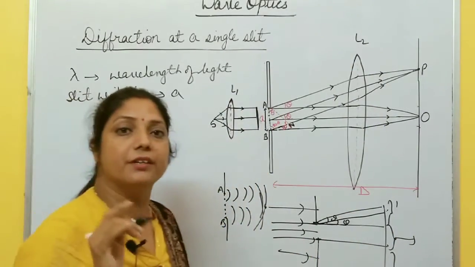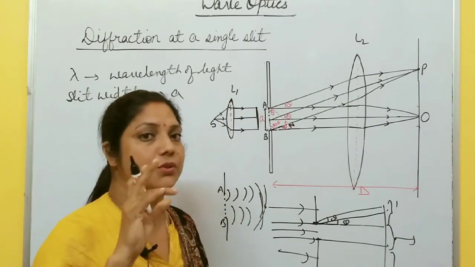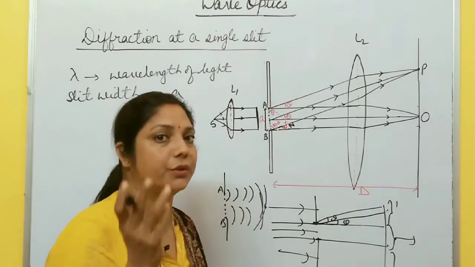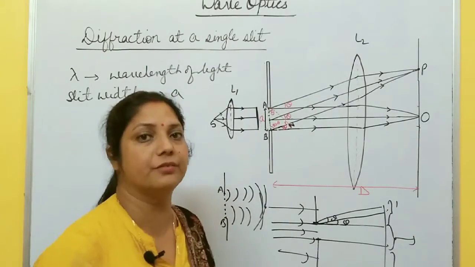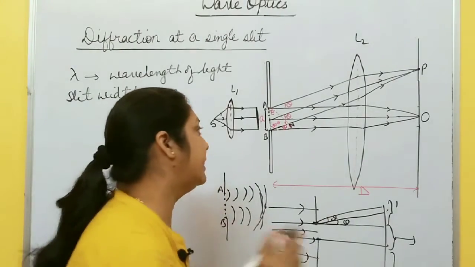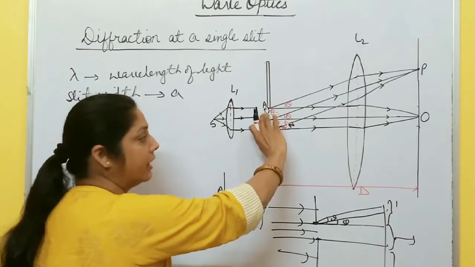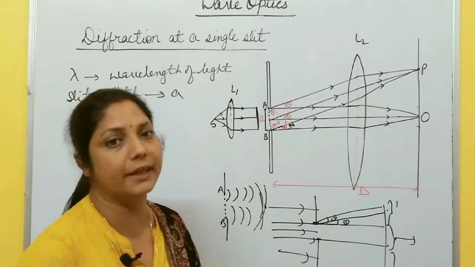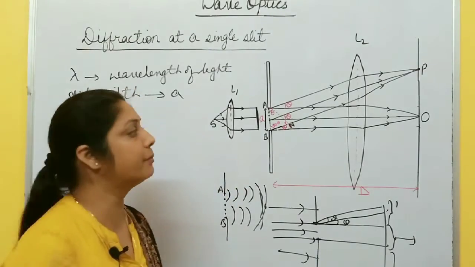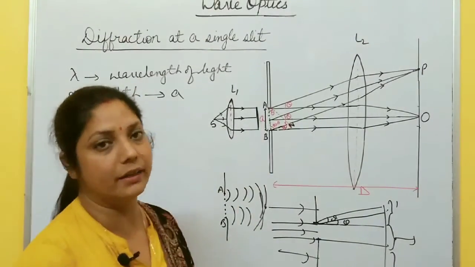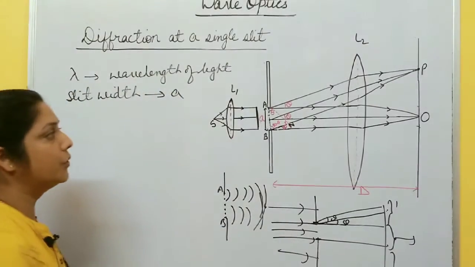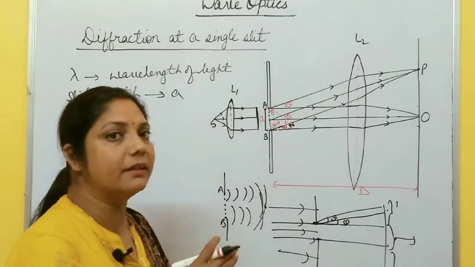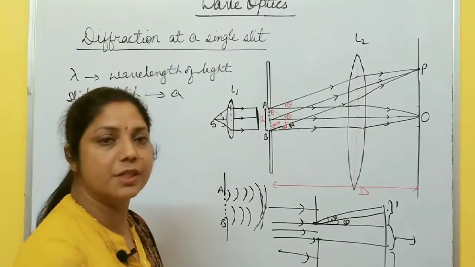In case of interference, there are two coherent sources that produce an interference pattern on the screen. But here there is only one slit, and from this one slit multiple sources of light are formed which interfere and produce a diffraction pattern on the screen. So the diffraction pattern is a little different from the interference pattern.